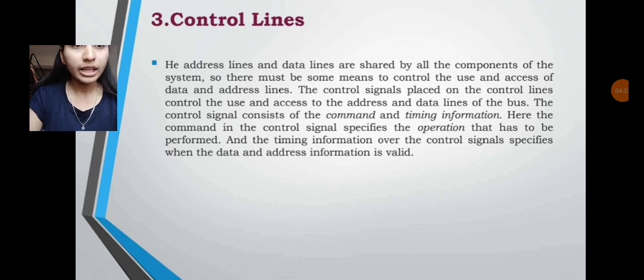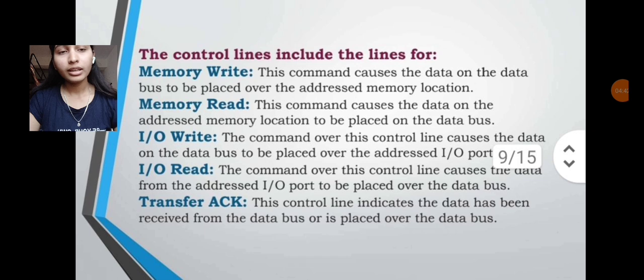The control signal consists of command and timing information. Here the command in the control signal specifies the operation that has to be performed, and the timing information specifies when the data and address information is valid. Let us discuss the control lines.